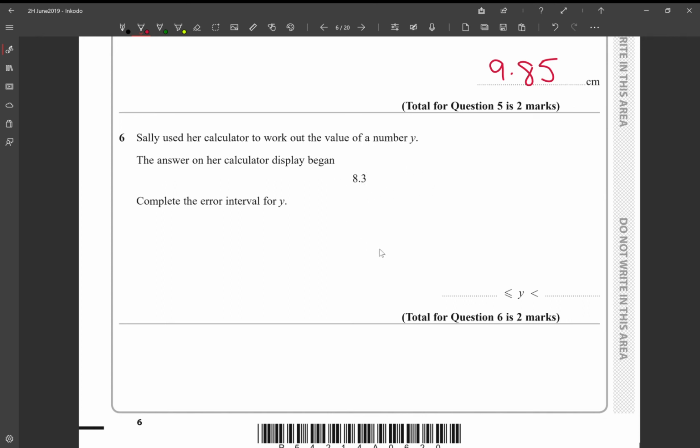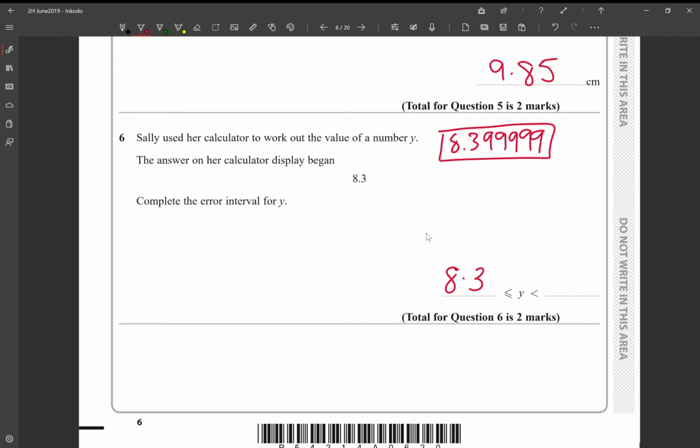So if you think of it, your calculator display says 8.3, the lowest it could possibly be is just 8.3, and the highest it could possibly be, well actually it would have lots of 9s, and it would be that recurring 9.